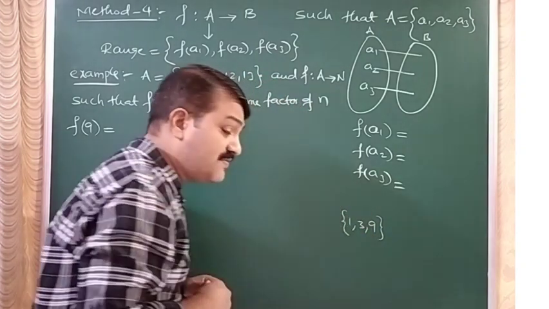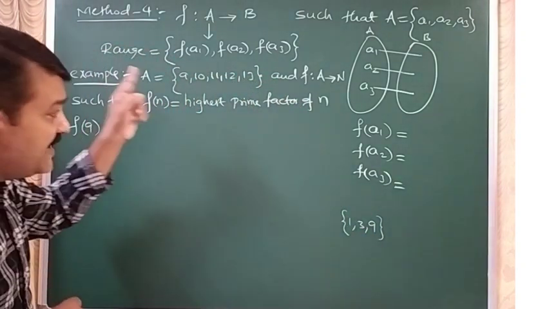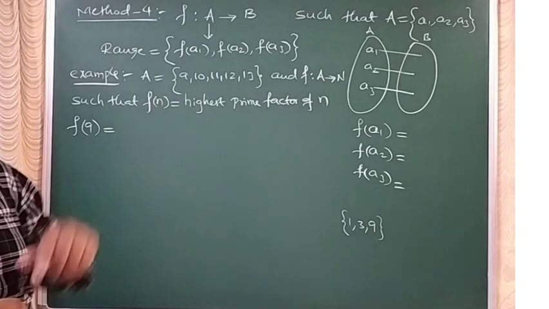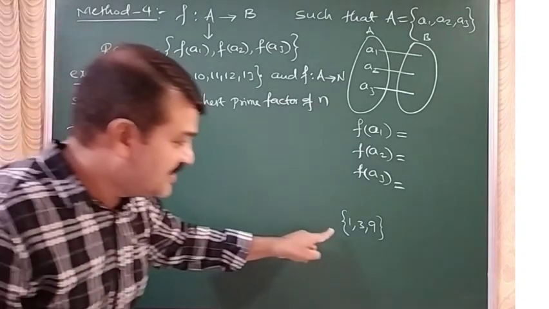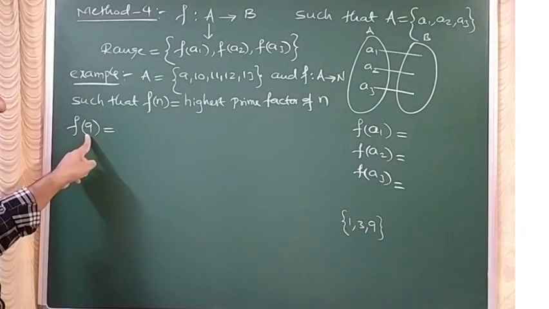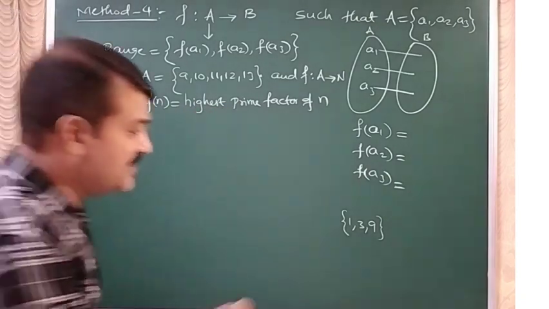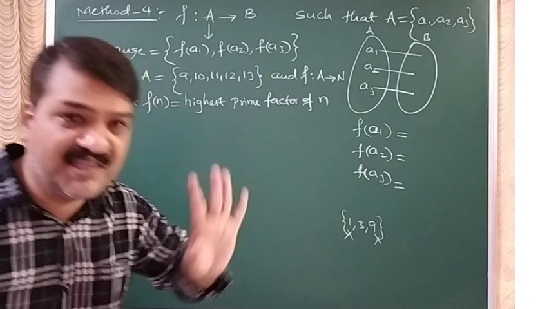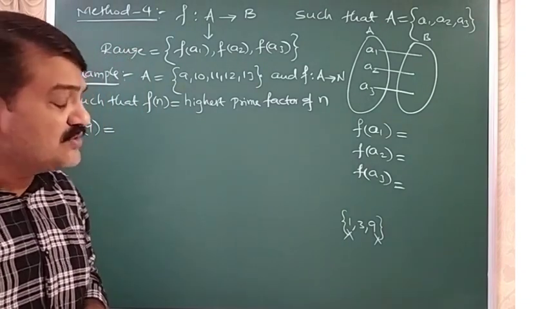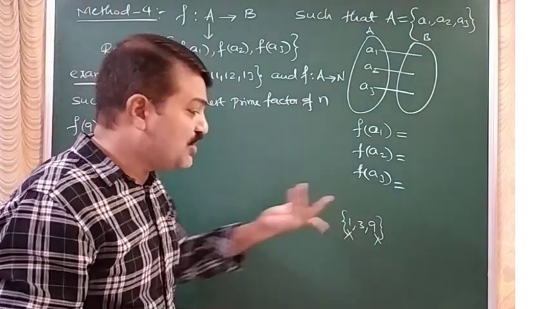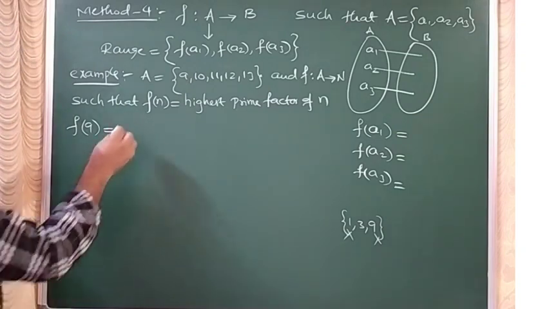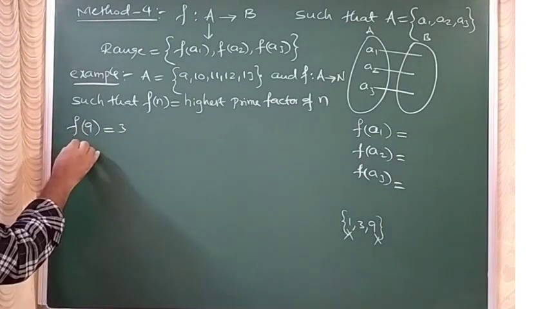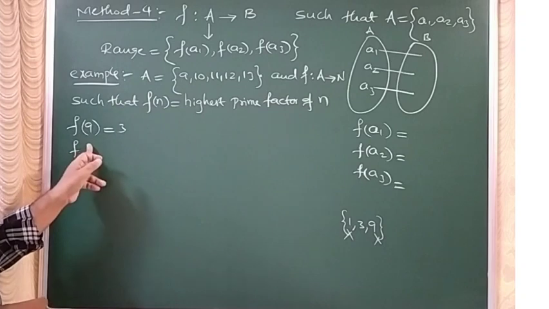These are the factors of 9. What is the highest prime factor? 1 is not a prime number, 9 is not a prime number. Only one prime number is there in the factors, so the highest prime factor means 3 only. Image of 9 is over.